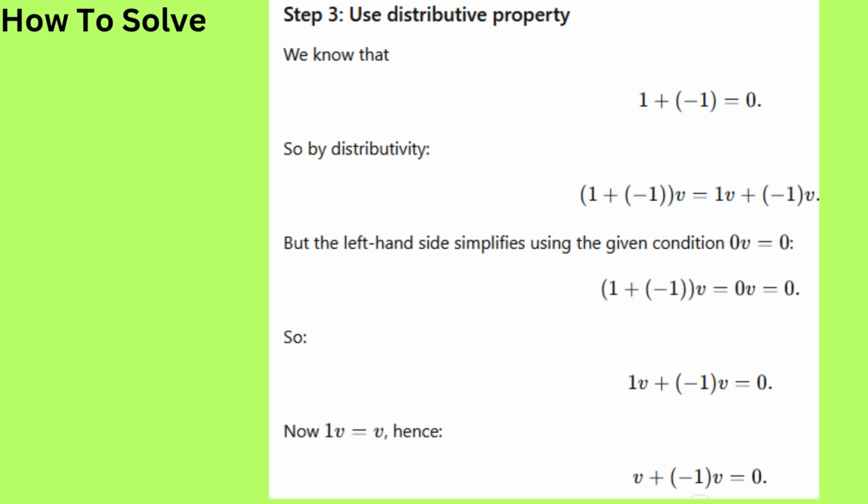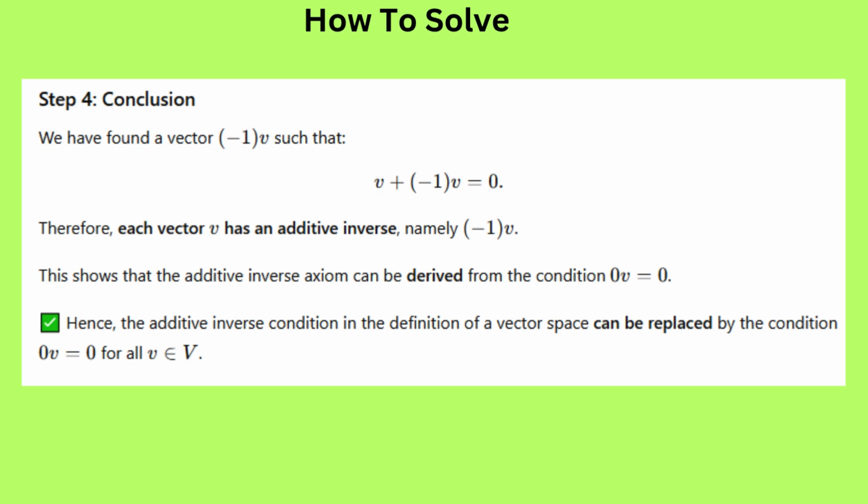We use the distributive property, and once you solve it out, we've just expanded a very simple equation to get 0 at the end. To conclude, we have found the vector negative 1v such that v plus negative 1 times v equals 0. Therefore, each vector has an additive inverse, namely negative v.